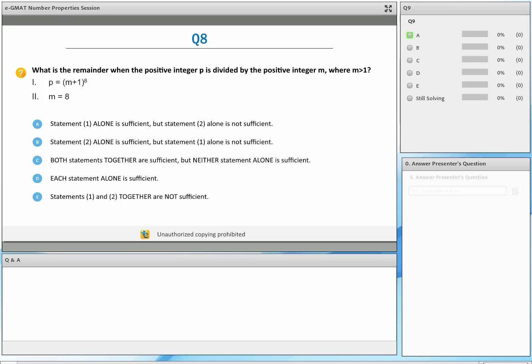All right. Can you please click on still solving for question number 9? And for those of you who are not able to understand the questions, or who are not as yet comfortable solving these questions, it's okay. We're going to be discussing everything from the basics to towards the end to these questions. So don't worry, just give it a shot.